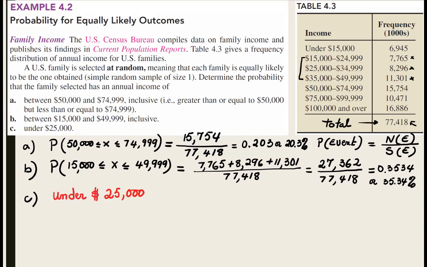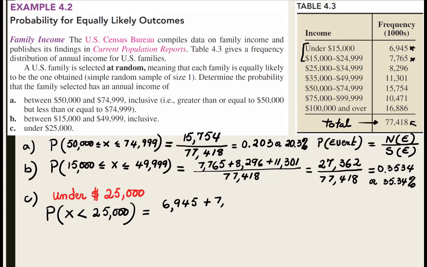For C, under 25,000 means less than 25,000. And we have two numbers that are strictly less than 25,000: 6,945 and 7,765. We will do the same thing.